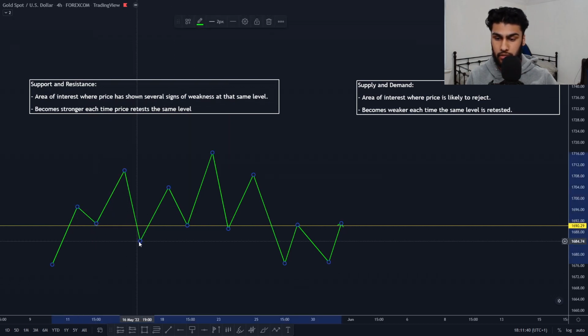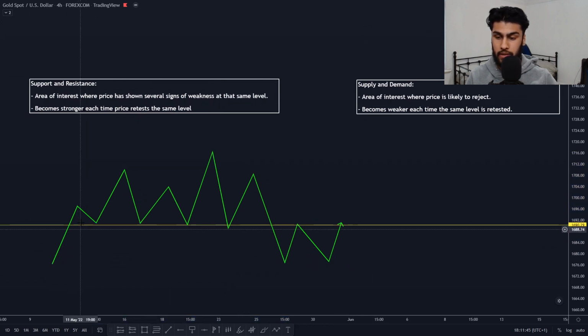So if I just bring this level over here to make a bit more sense, this area has tested the level of support several times, which makes it valid, because you're not going to take buys off of this level after the first touch. You want to wait for either one or two touches before then taking buys on the third touch, because it becomes higher probability.